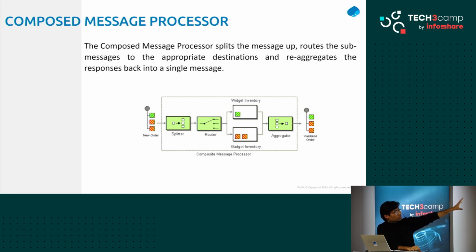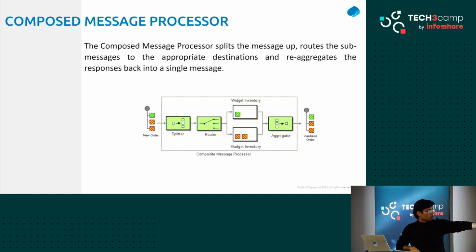It's formed with the help of individual enterprise integration patterns integrating with each other to give rise to this overall pattern. So this is basically what we implemented. We had the pizza order, we split that order, we routed that order into takeaway as well as dine-in, and eventually we aggregated the overall order to receive the order back in its initial state.